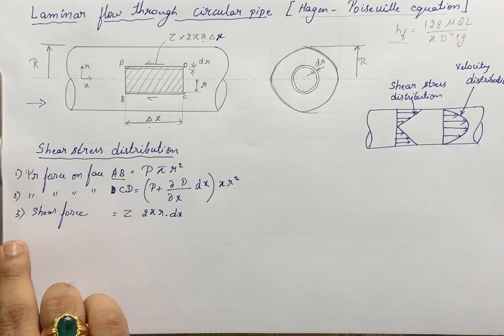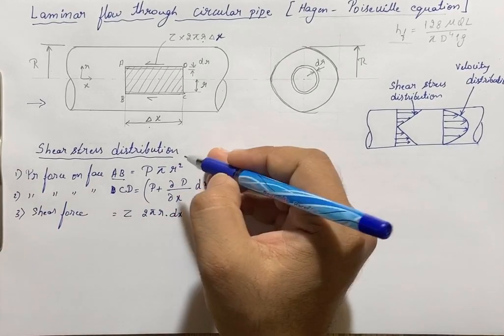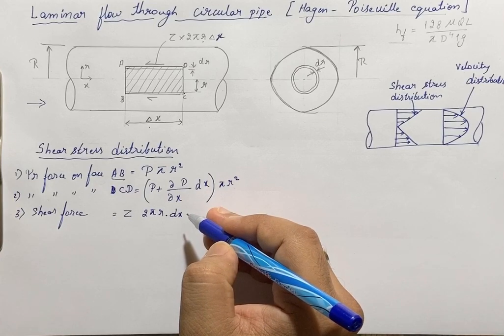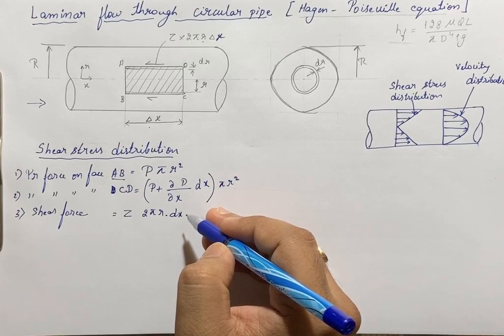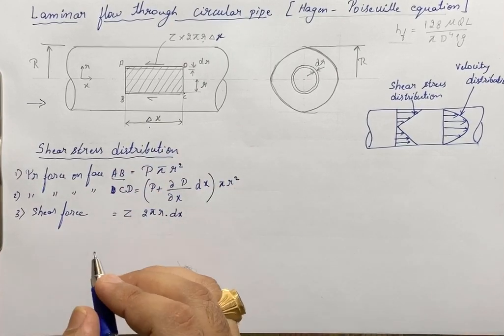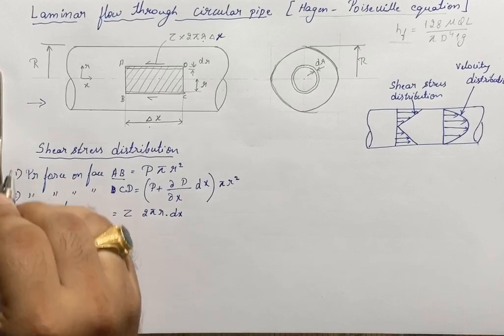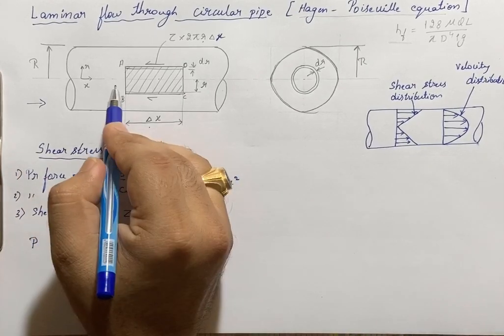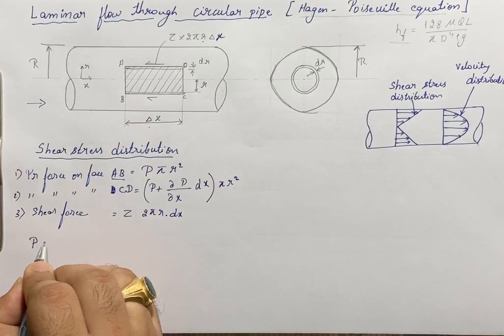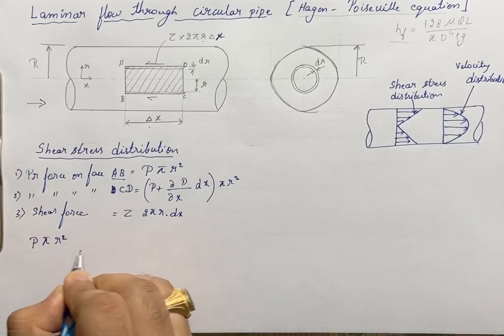Now, as there is no acceleration, the summation of all forces in the direction of flow should be equal to zero. When I say the summation of all forces, I can write it in one direction, that is the x direction. The first force is the force acting on face AB, that is P into pi r square.